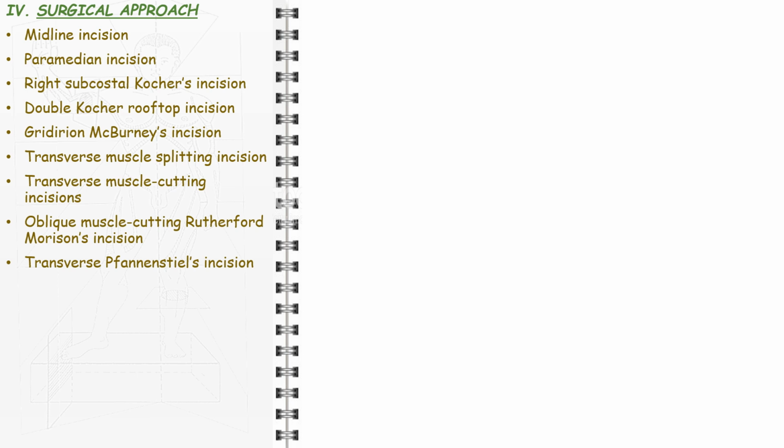The rectus muscles, which at this level lie close together, are separated, and the linea alba is then incised vertically to expose extraperitoneal tissue, followed by incision of the peritoneum, with care to avoid the bladder. Transverse division of the rectus muscles gives wider exposure, and the incisions can be extended laterally into the flat muscles.